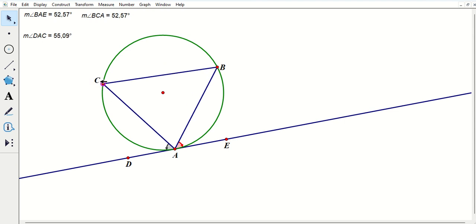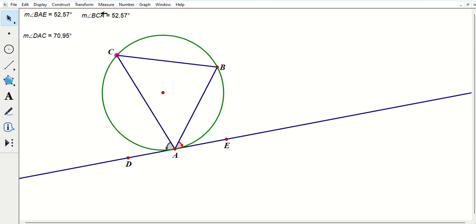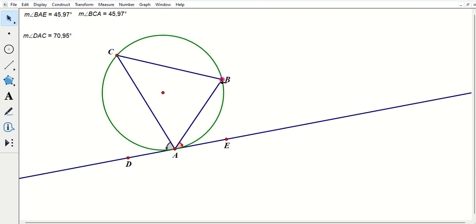And the relationship remains no matter how I move the angles. No matter how I move the angle, this red angle is equal to angle C here. So the two red angles are equal.